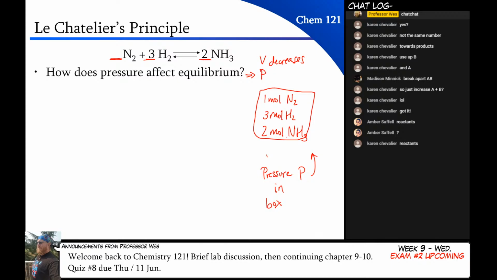What happens if V goes down? What happens to P? We got to remember that from chapter 7. If V decreases, then P does what? P increases. Very good.